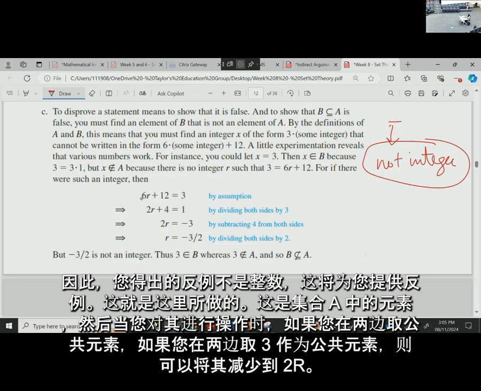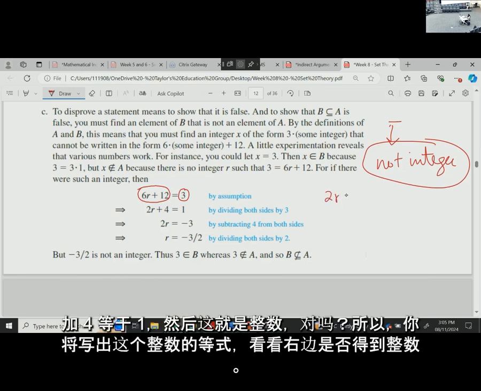That is what has been done over here. This is your element in set A, and then when you manipulate it, if you take 3 as common on both sides, you can reduce it to 2r plus 4 is equal to 1, and then this is what the integer was, right?